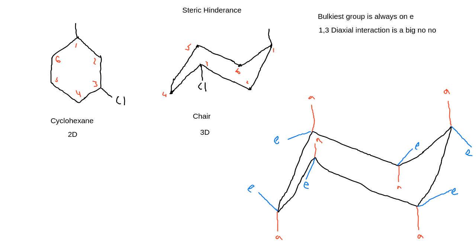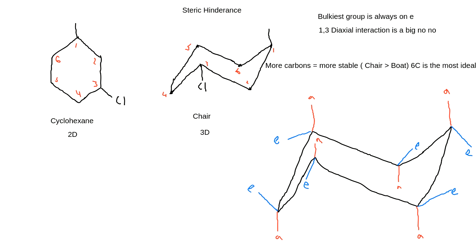What I mean by that is a chair is more stable than a boat. And 6 carbons is the most ideal. I kind of went off the page, so let me bring it back right there. I don't think you deal with 7 carbon 3D structures, but 6 is the most stable.